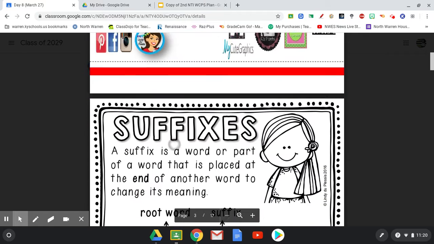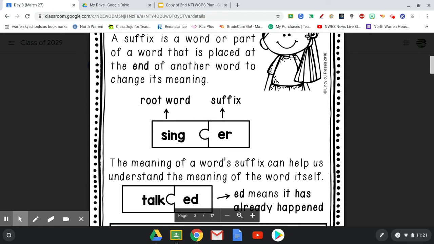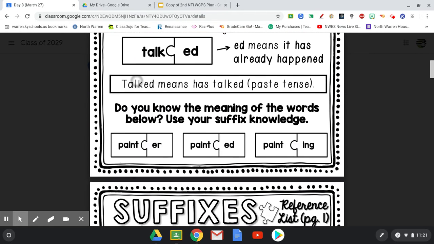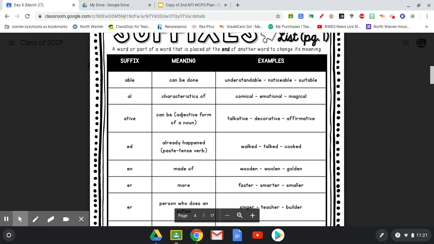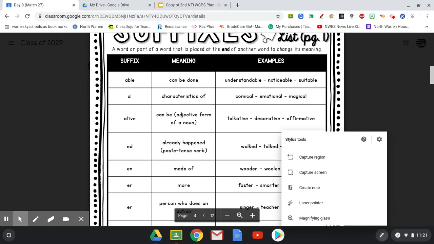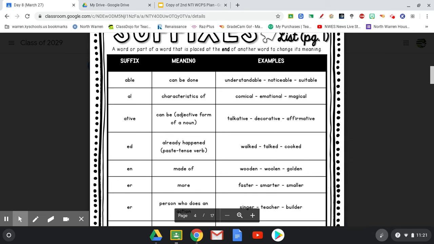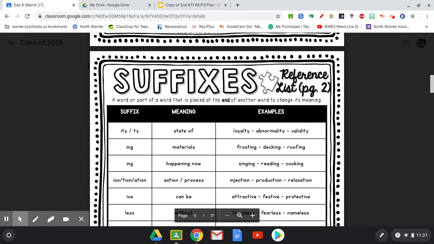And so what you're going to do here, this page is just, again, teaching you about suffixes, and there are different suffixes that have different meanings, okay? Here is a suffix chart that you can use. It gives you the suffix on the side. It tells you what that suffix means, and then it gives you some examples of words that have that suffix on it, okay?